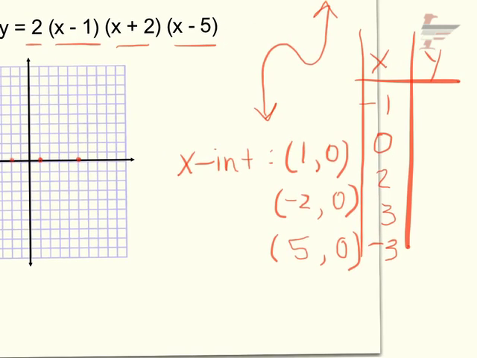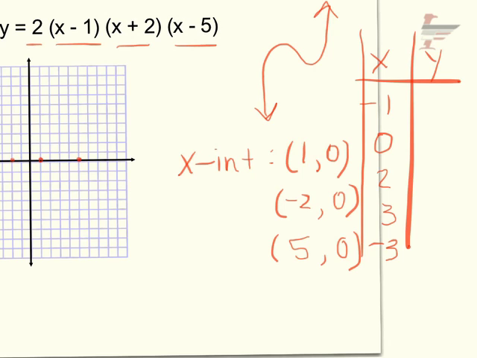Okay, so using that function, I'm just going to verbally talk through these. Negative 1: negative 1 minus 1 is negative 2 times 1, so that's negative 2. Actually, let me start here. 2 times negative 2 would be negative 4, times 1 would be negative 4, times negative 6 would be positive 24.